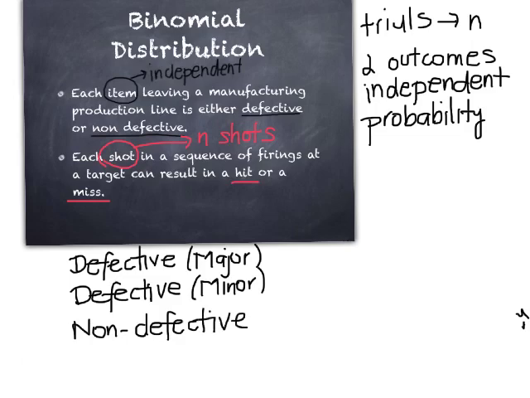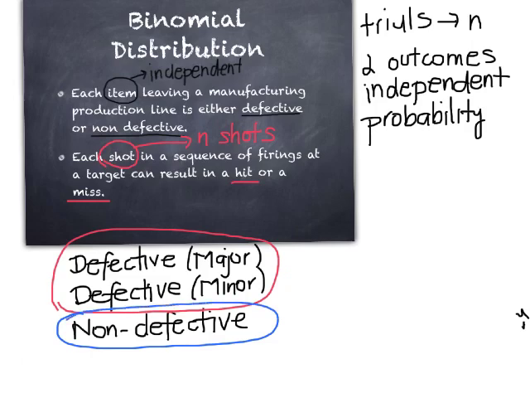If you are just interested in the non-defective items, you could group the first two as one outcome and have the other outcome as the one that is success for you.